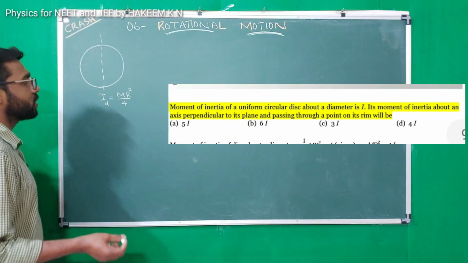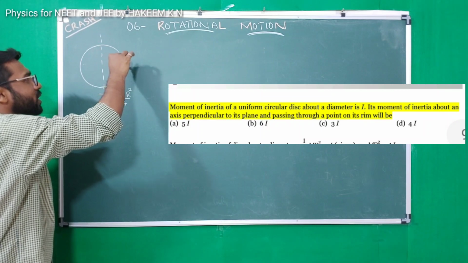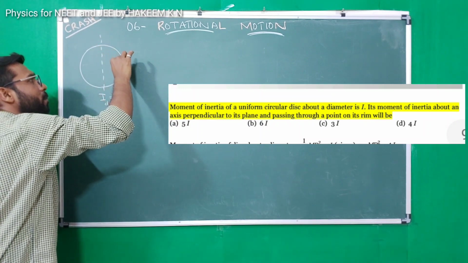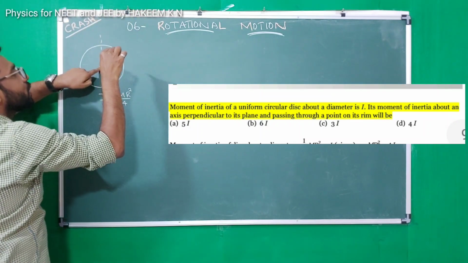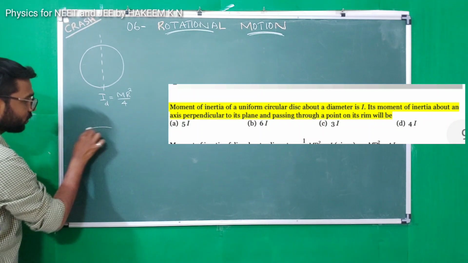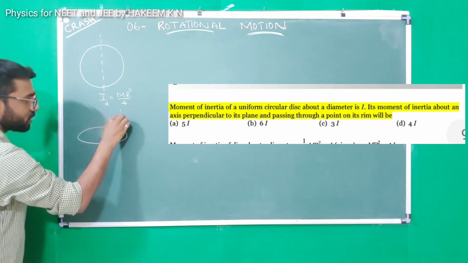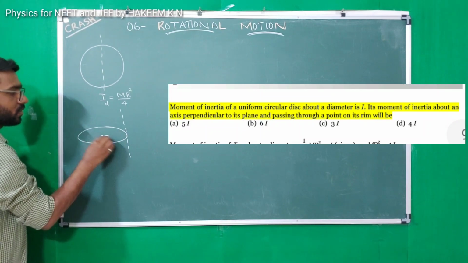Then what was the question? Moment of inertia about an axis through the rim perpendicular to the plane. So, this is the condition.